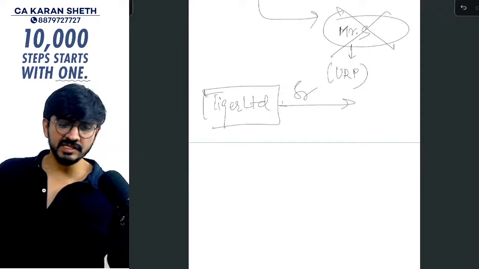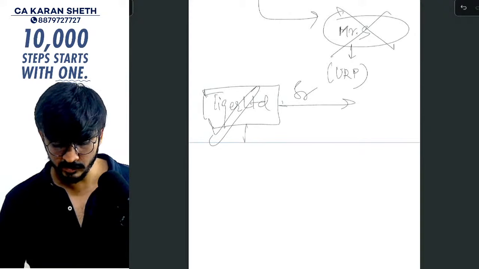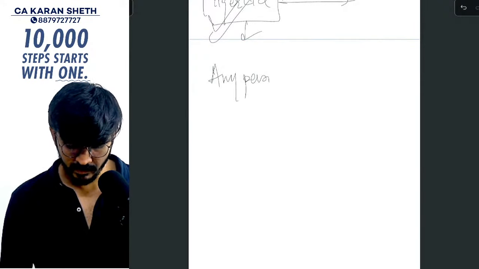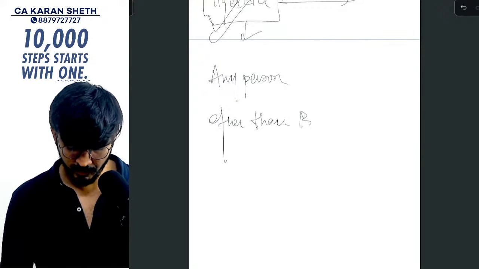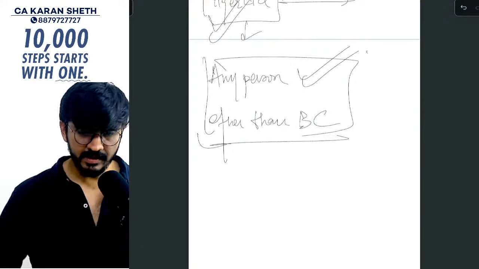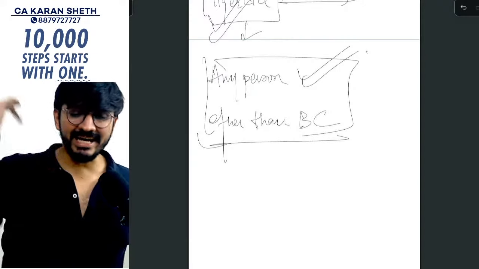And I'm not even mentioning the recipient's name. Again, Tiger Limited will pay tax because here it said any person other than body corporate. Is that very clear? Is that very clear, guys?